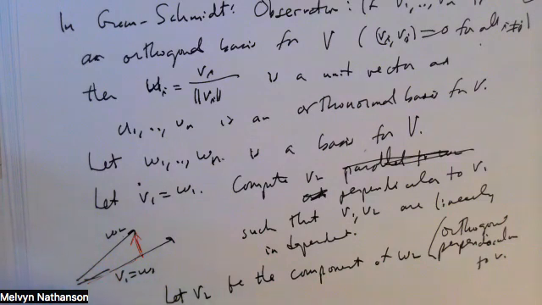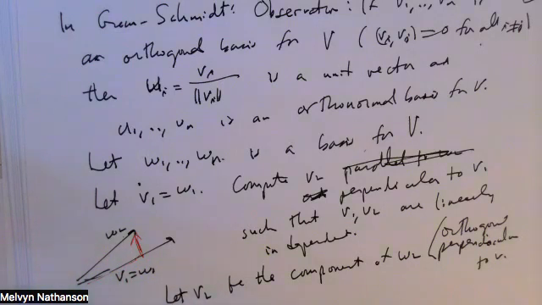So I can write W2 as the inner product of W2 and V1, divided by the length of V1 squared, times V1.